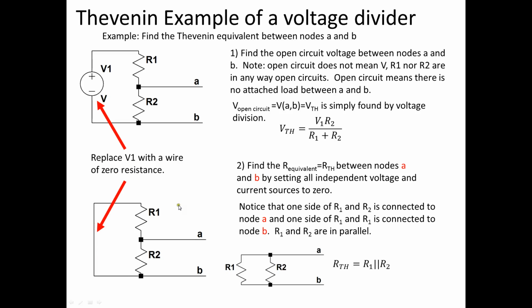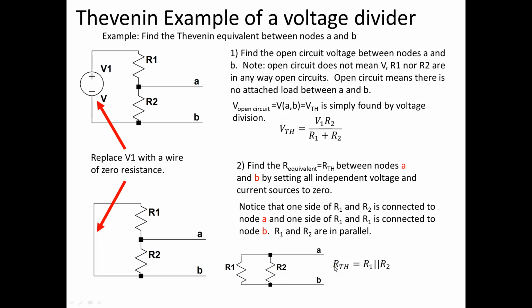Then we have to notice that resistors 1 and 2 both have one side connected to node A, and the other side of R1 is connected to node B, and the other side of R2 is connected to B. This is the definition of being in parallel, and if I rotate R1 down to here and get this shape, it's even easier to recognize that R1 and R2 are in parallel.